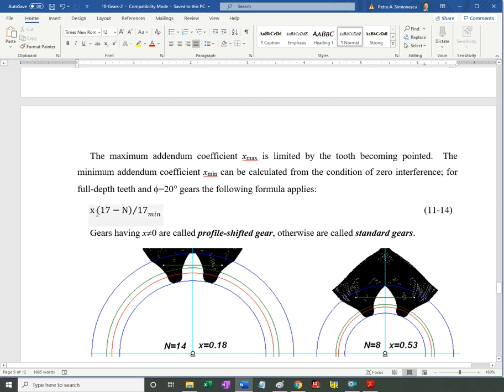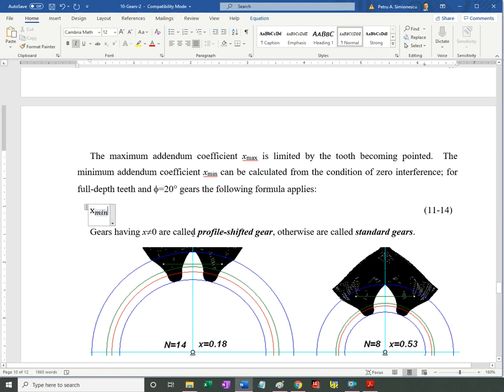This equation here, which requires some attention, gives us the minimum addendum modification for n number of teeth, and it could be a negative value.